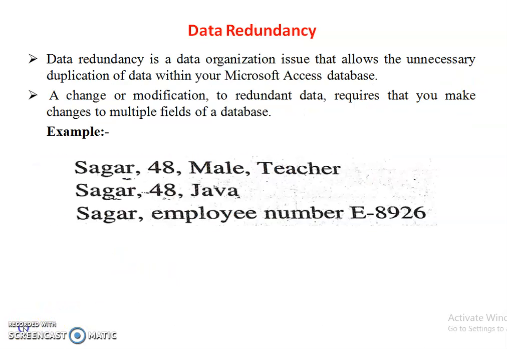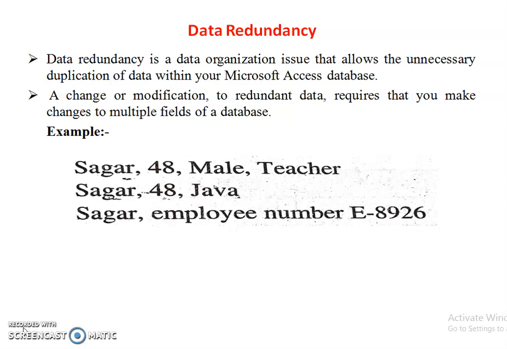Okay. Before anomalies, we discuss what data redundancy is. Data redundancy in a database means that some records are repeated in more than one table. It is a data organization issue that allows unnecessary duplication of data within your database, and a change to redundant data requires you to make changes to multiple fields of the database.